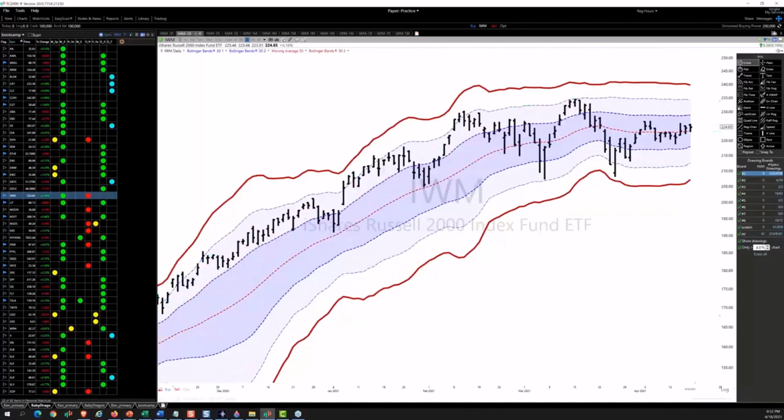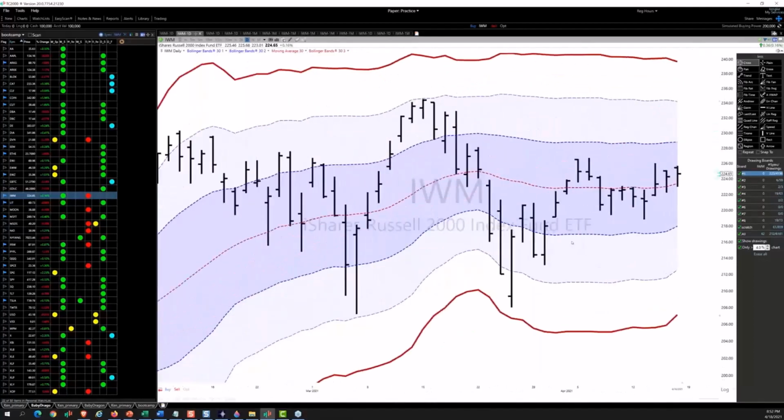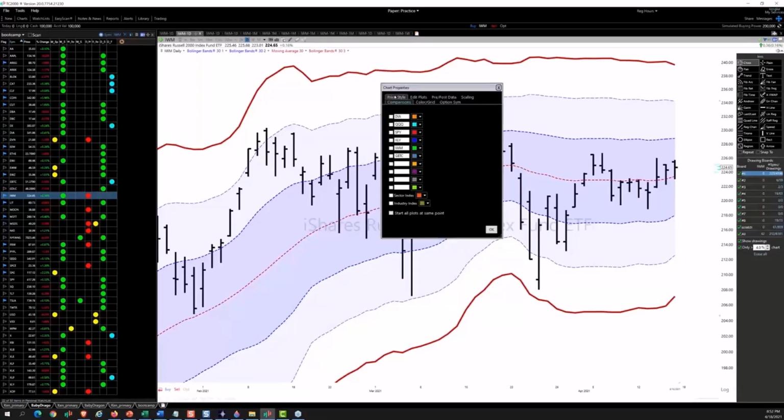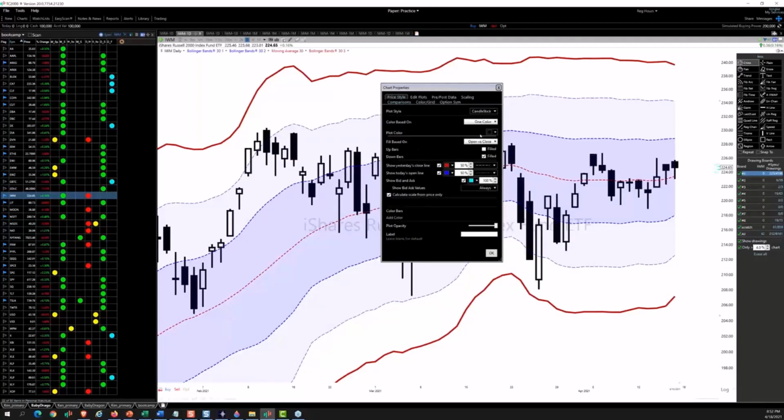So all I did was make a clone. So this is a snapshot of IWM. I like the bars rather than candles. I use bars because there's less information. If I were to make this price style candles, what I found is that it's almost too much information.